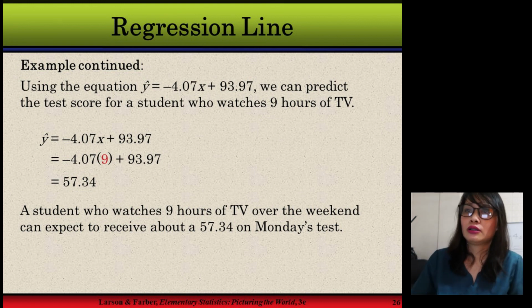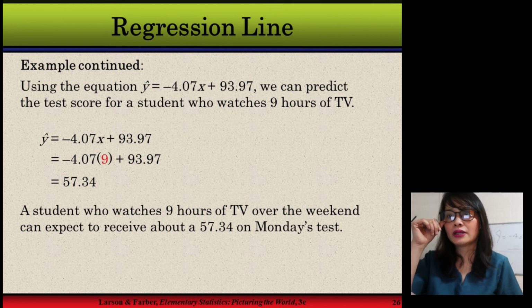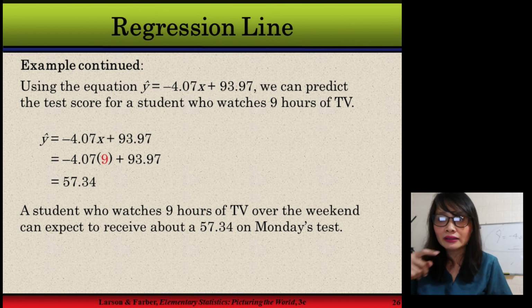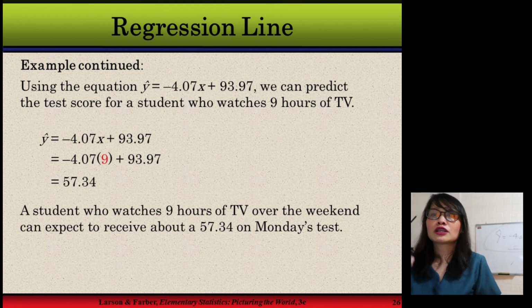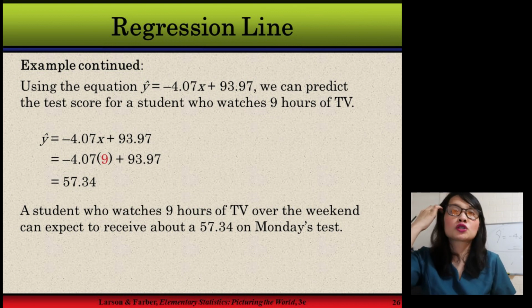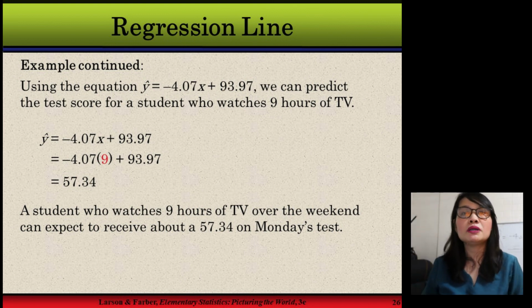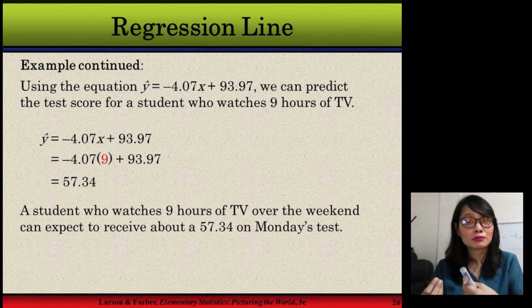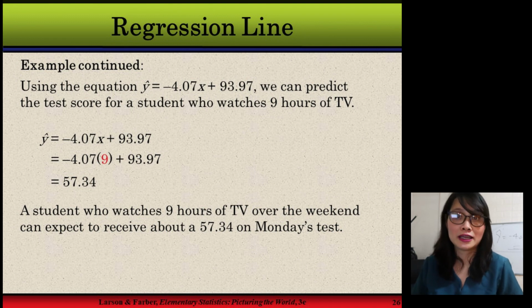So we have negative 4.07 multiplied by 9 plus 93.97. The test score of the student who spent 9 hours watching will be 57. It can be 57 or 58, since it is predicted, so more or less the score will be in that value. That's the use of the regression line.